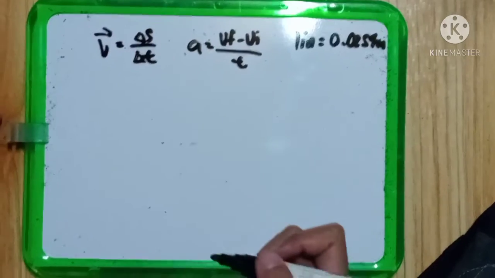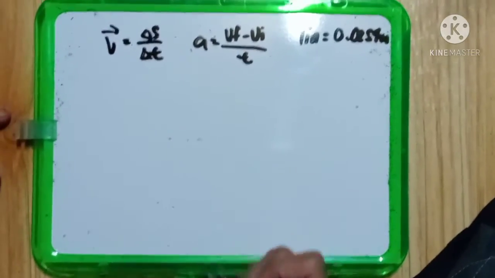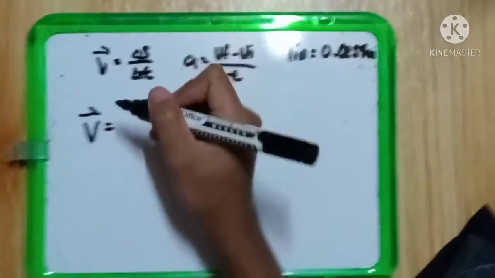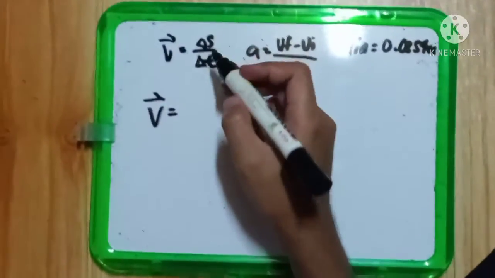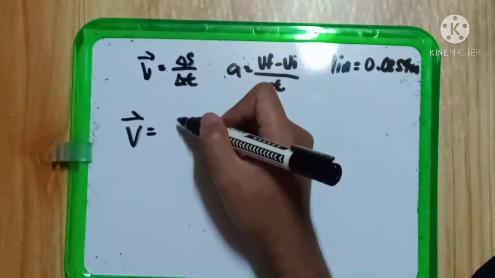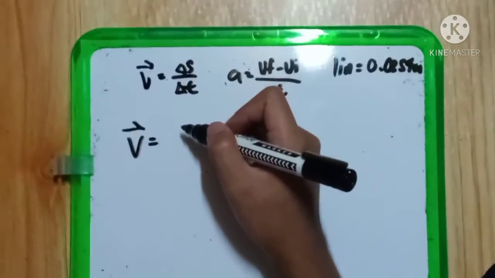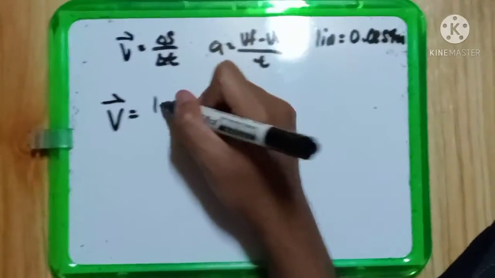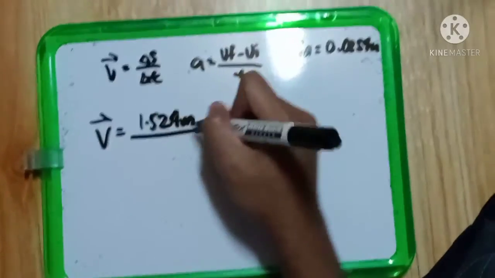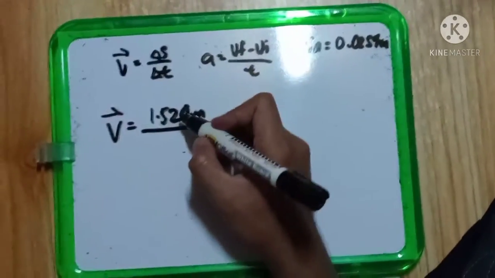Now let's find the acceleration for the 10th strip. Let's find the velocity since we have the displacement here. So we have the 5 feet or the 60 inches. Let's convert it into meters. So we will have 1.524 meters divided by the change of time or the average time.